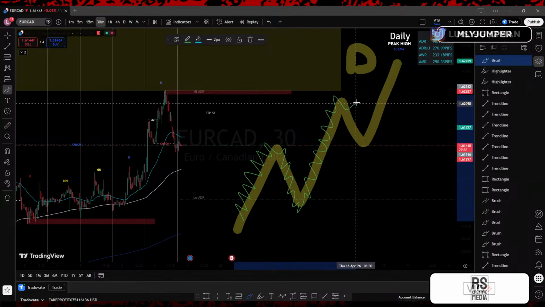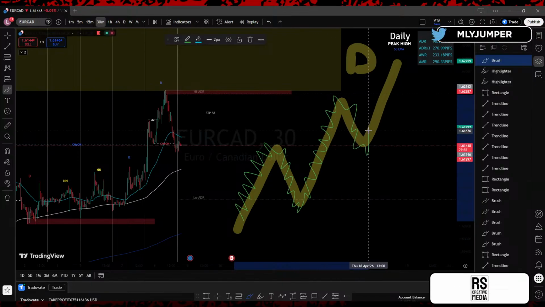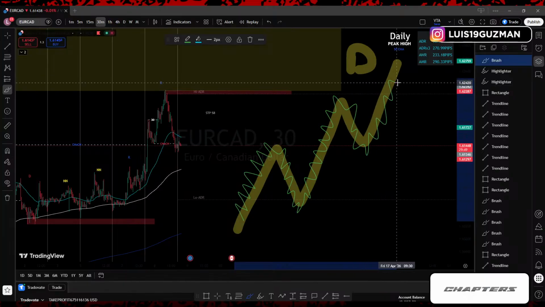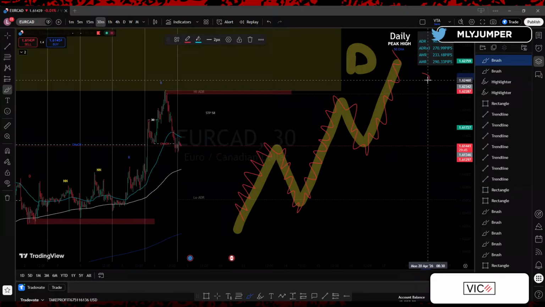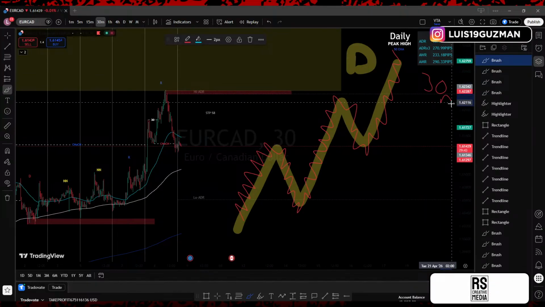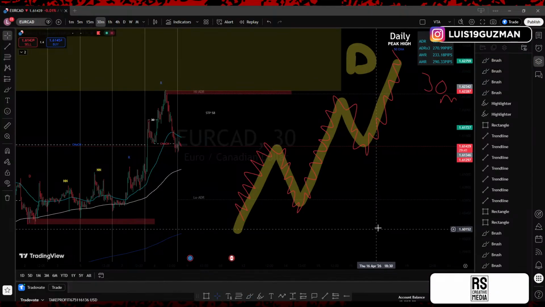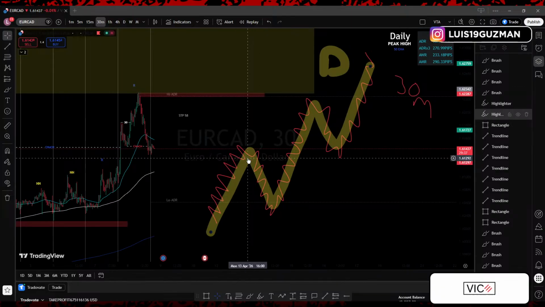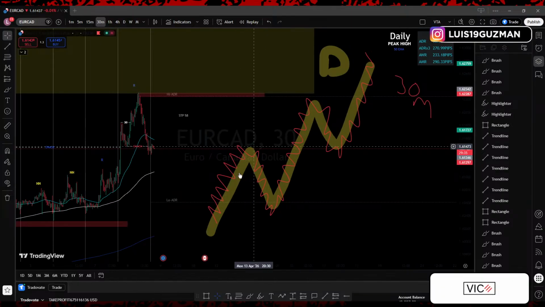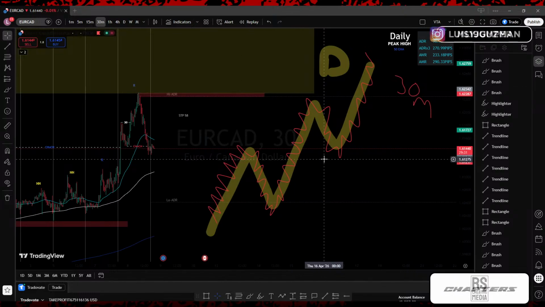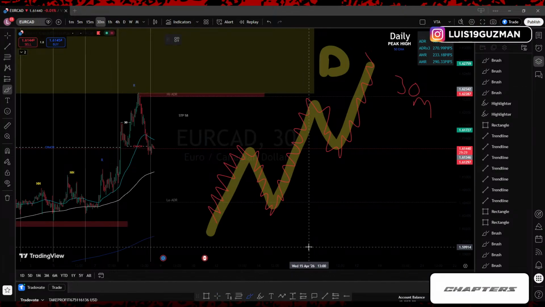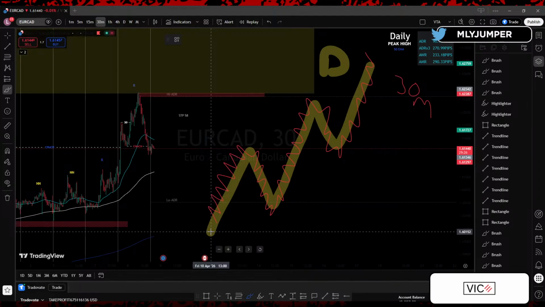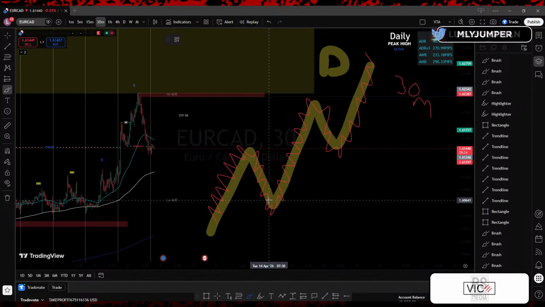So let's just mark this up like this, and then we'll change this to red so you know that that's the 30-minute. So the question is, and this is inverse, well, I will mark it, it's the same thing vice versa, meaning higher high, higher low, lower high is the same thing, just inverse it, meaning you're trading higher high, higher low, right?